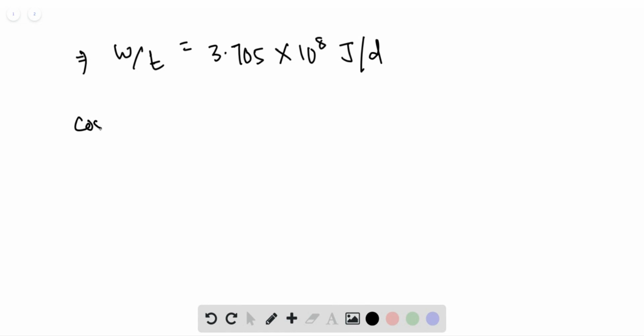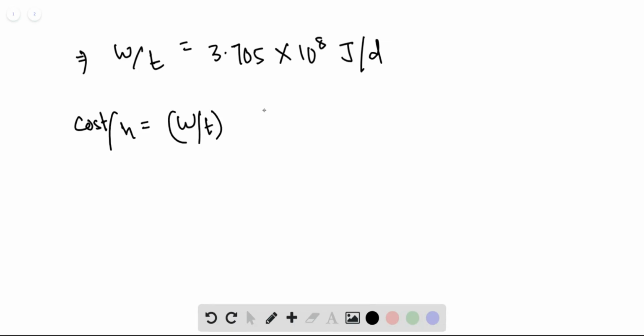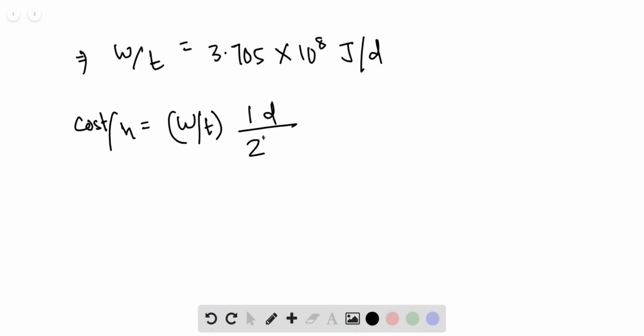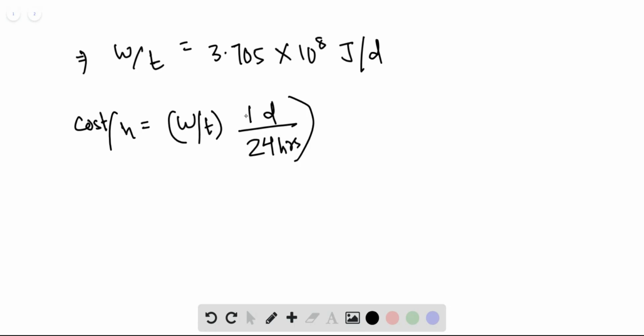Therefore, the cost per hour will be equal to the rate of work done times the cost. So this is in joules per day, so we must convert this into joules per hour. We have 24 hours in a day, so we divide by that factor, because we have days in the denominator.